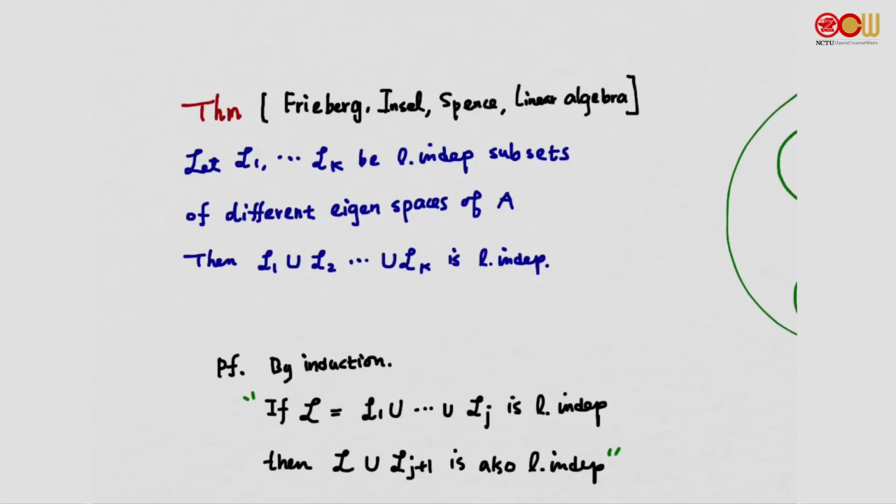We will prove the theorem by induction. If we take the union of the first j sets, and we call the union L, if L is linearly independent, then the union of L and Lj plus 1 is also linearly independent. If we can show this, then by induction we have shown the theorem.